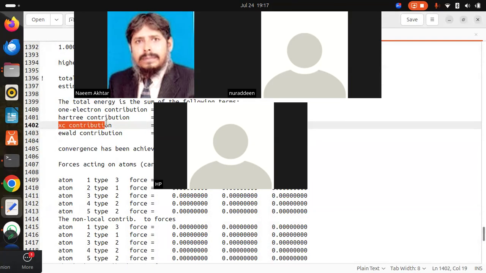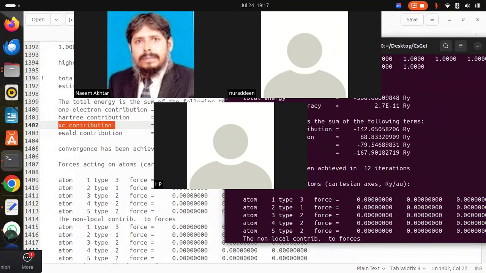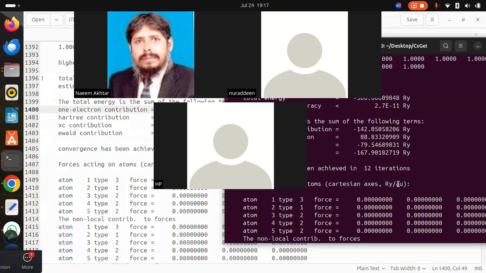The exchange correlation contribution is minus 142, almost the same. The Hartree contribution is 88, and the exchange correlation contribution is minus 79.546. This is very much the same. Actually, I wanted to show you that we haven't made any mistake.